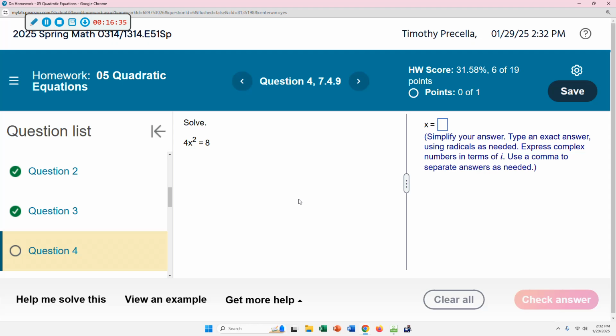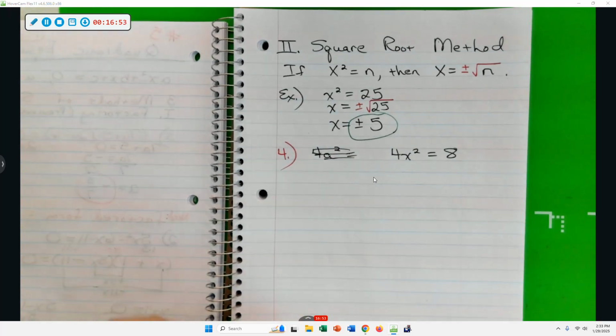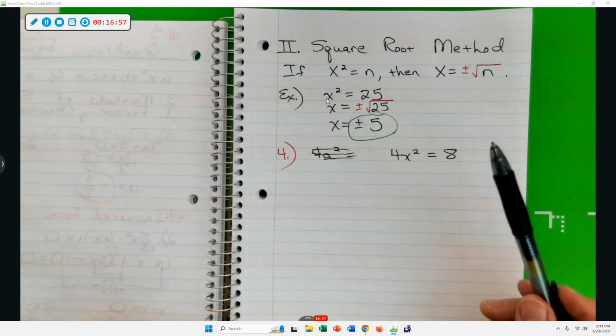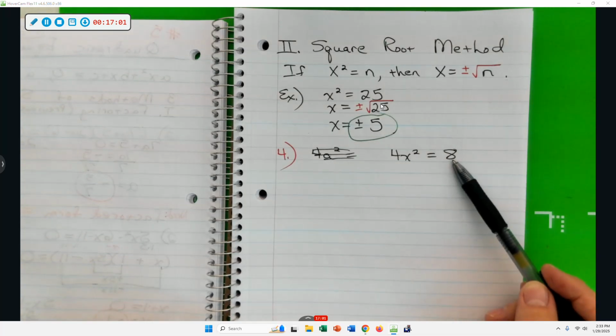4 times x squared is equal to 8. If we're going to use the square root method, it needs to be in the form something squared equals a number.